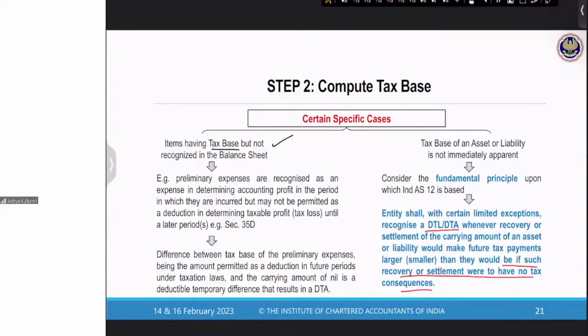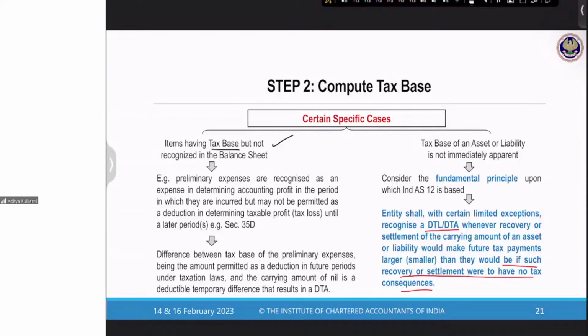We also discussed how the questions we could do. We could either interpret it as having two sets of accounts, that is one is your tax records and one is your accounting books. Pass the journal entries and actually see what will be your tax base and what will be your accounting base, or what you call as the carrying amount.